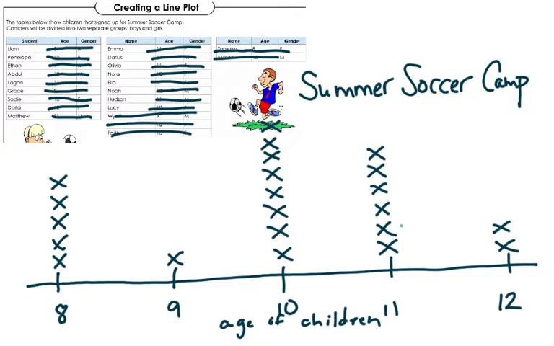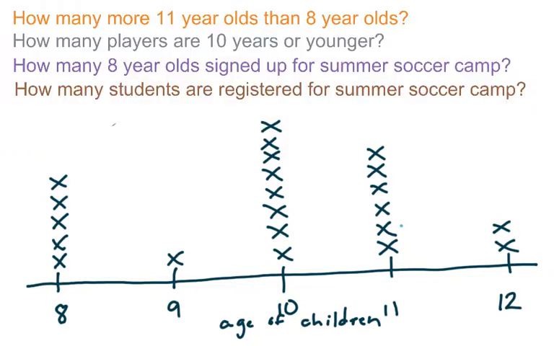Now we're going to answer some questions. This already shows me a couple things. We mostly have 10 and 11-year-olds. Only 1 9-year-old and not many 12-year-olds. I've removed the data and put in some questions that we are going to ask about this summer soccer camp.